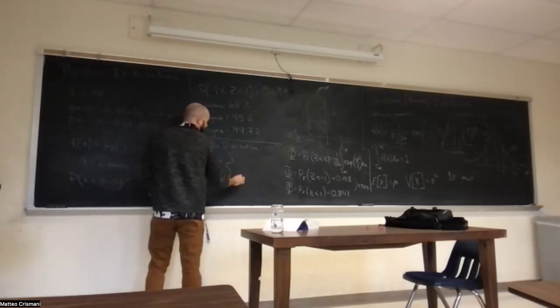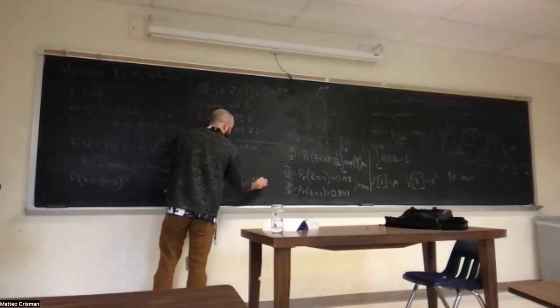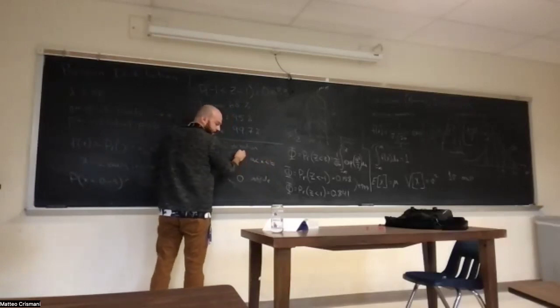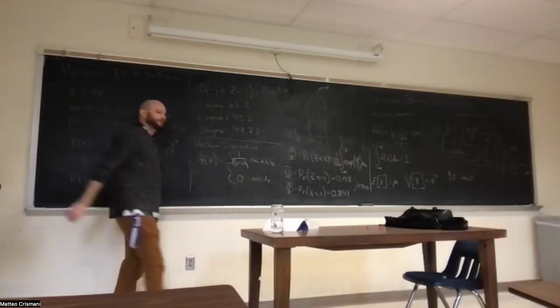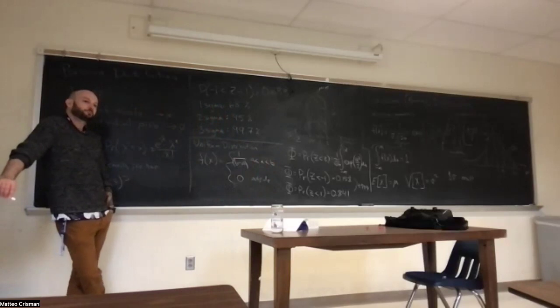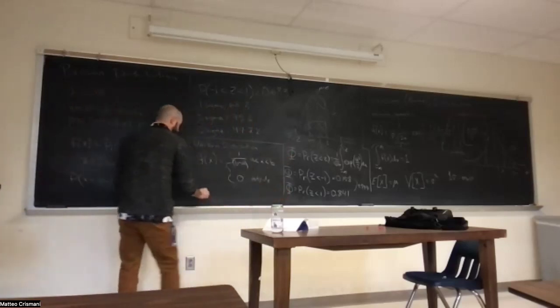The piecewise function, 0 everywhere outside, and between A and B, it is 1 divided by B minus A. You're welcome to calculate the mean and variance if you want.